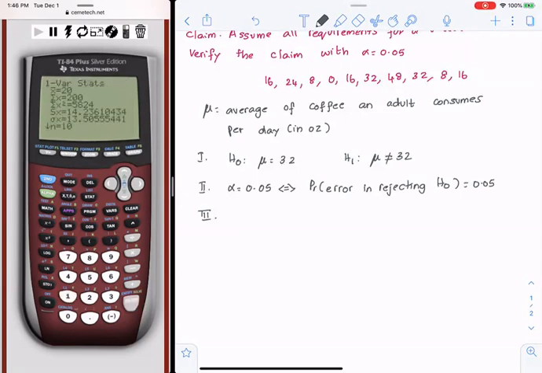So the mean happens to be 20. The standard deviation is 14.24. And the number of observations is simply 10.